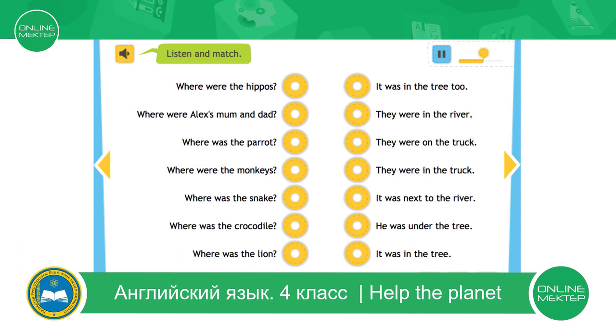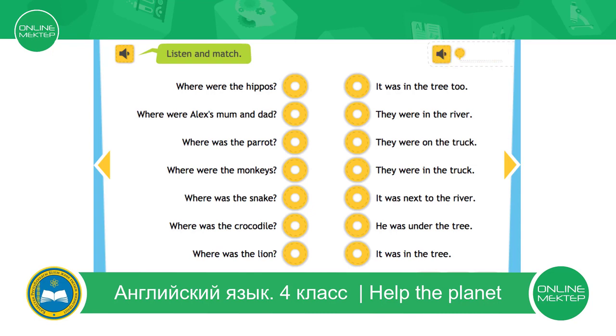Look, the lion's sleeping. Where was the lion? He was under the tree. That's a crocodile. Where was he? Not in the tree. No, he was next to the river. Was he in the river? No, the hippos were in the river. And that's a photo of your mum and dad. Where were they? They were in the truck. Why was your mum afraid? Because the monkeys were on the truck.